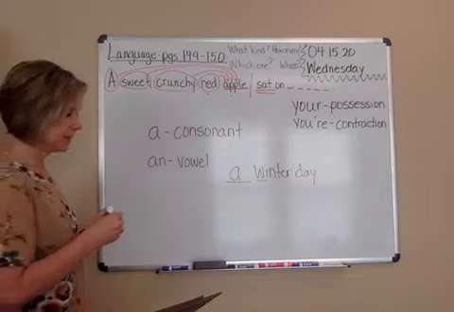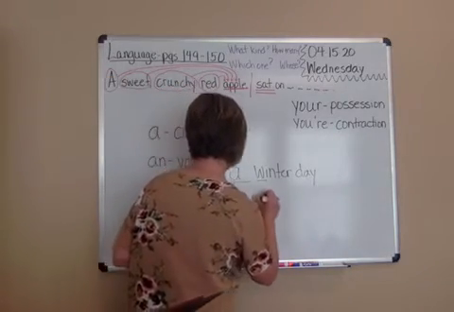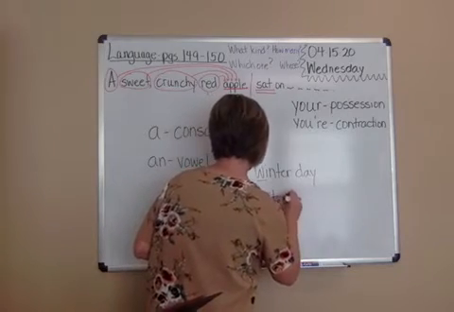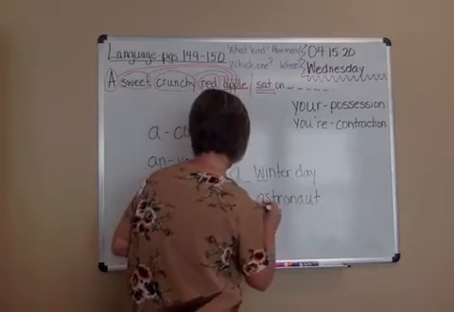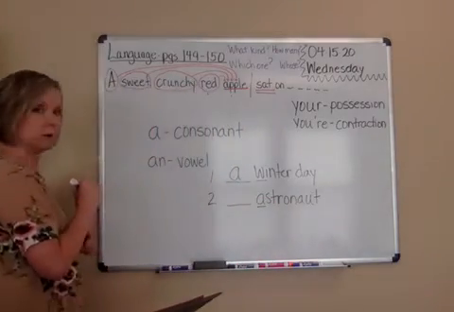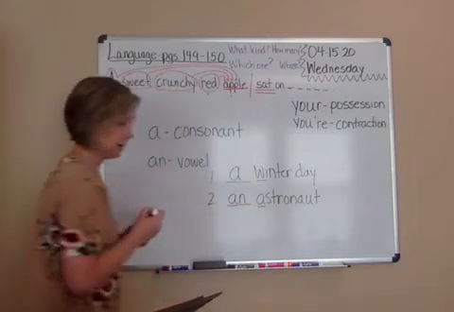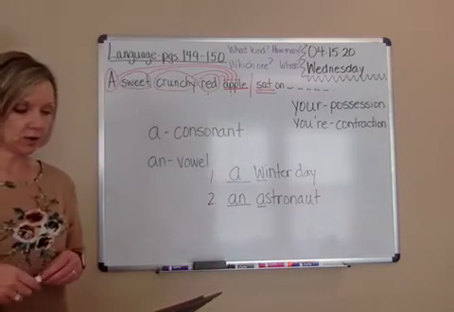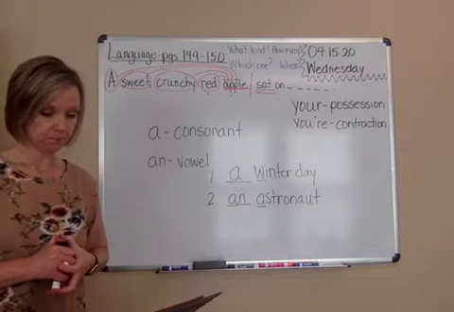Number 2 is astronaut. That's number 1. Number 2, astronaut. That's a vowel, so it begins with an astronaut. That's right. And you can do think C there on your own. Just underline that first letter and remember your rule there.